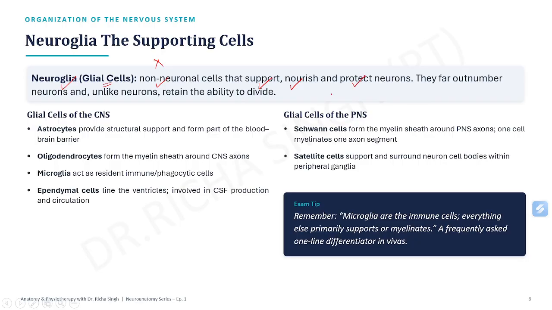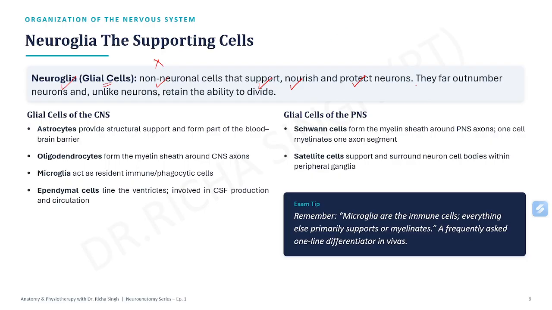In a system, you have to take care of the neurons, so there should be cells which support them, provide nutrition to them, and protect them from injury.